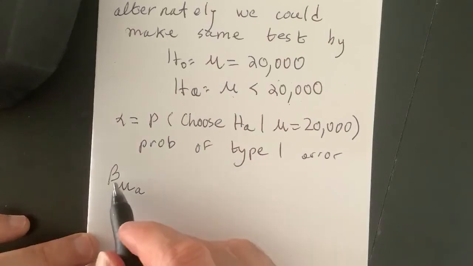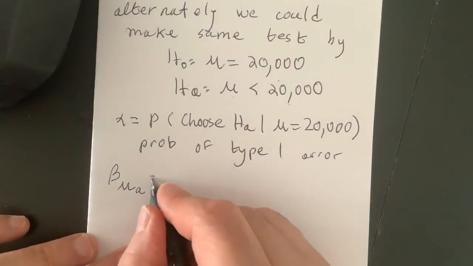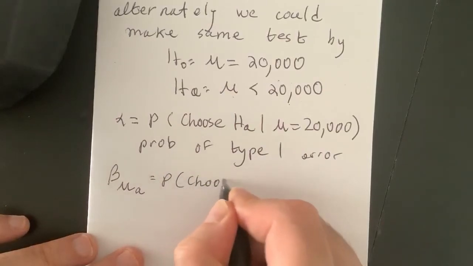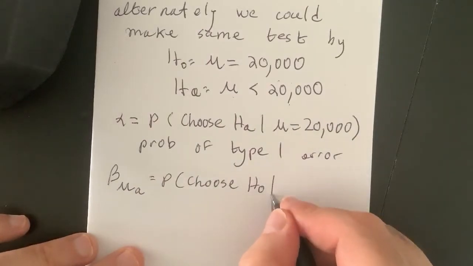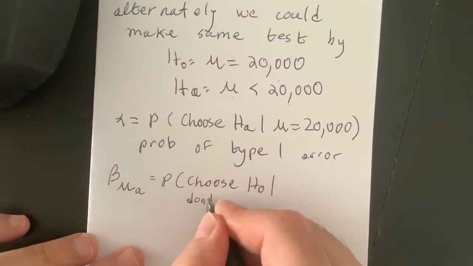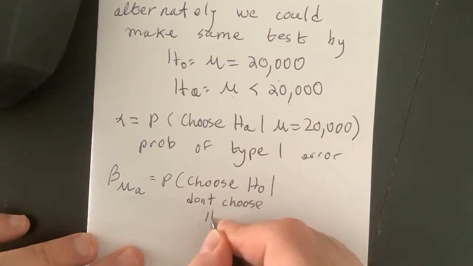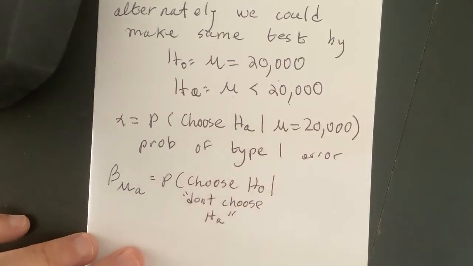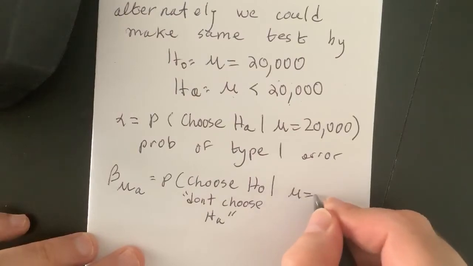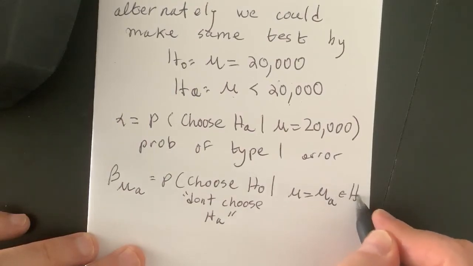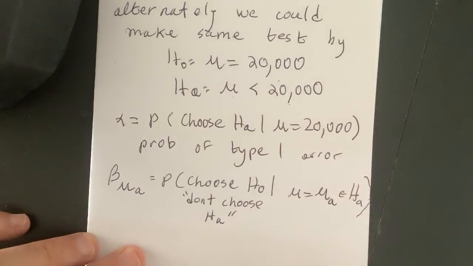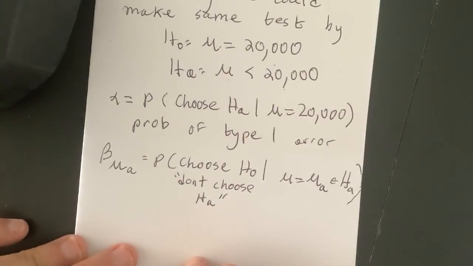So beta of mu A is equal to the probability we choose H0, in other words, don't choose HA, given that mu equals mu A, and mu A is in, say, HA. Okay, if that's clear.